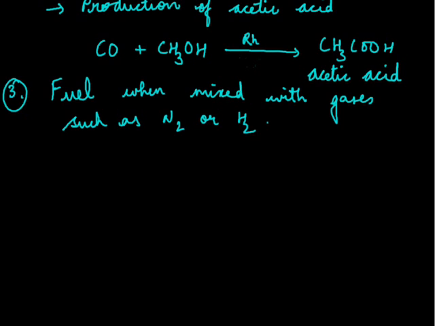Now we will be discussing the harmful effects. As I have already said, it is a very poisonous gas if it is inhaled in large amounts. So we will see why this harmful effect occurs. When we breathe carbon monoxide, the oxygen which is required for us to breathe is not available to the hemoglobin, as hemoglobin is the carrier of oxygen, so it will not get that oxygen, and instead it will get carbon monoxide.